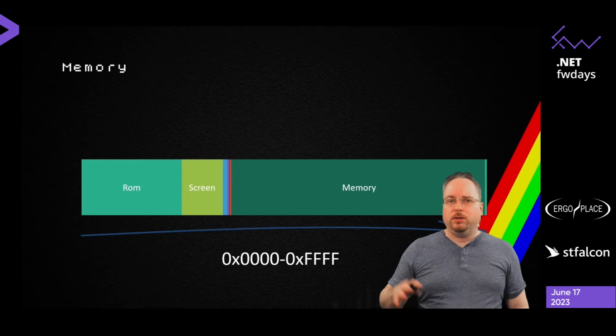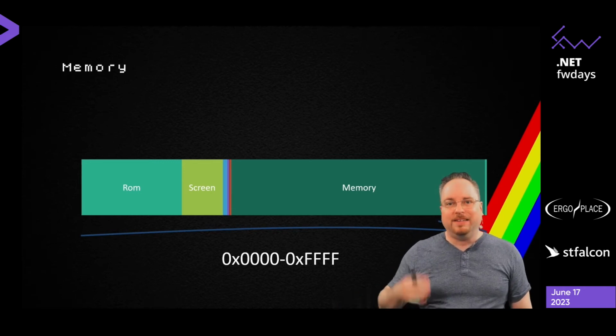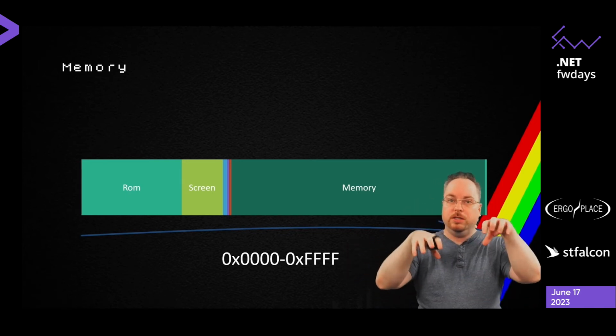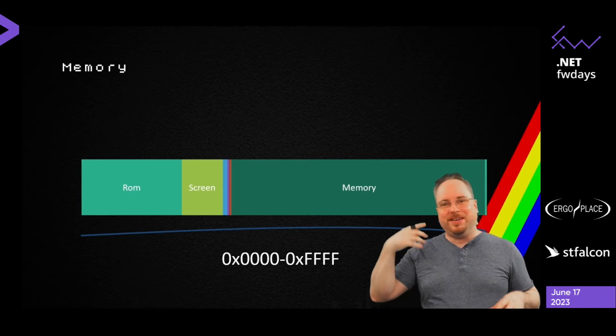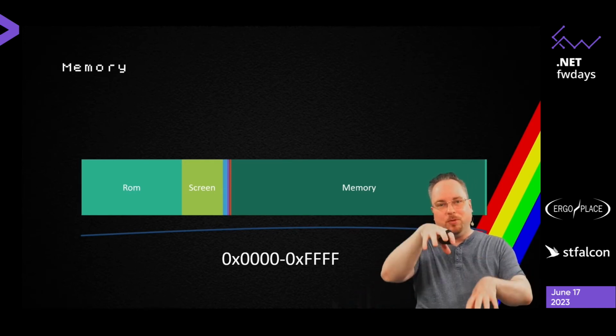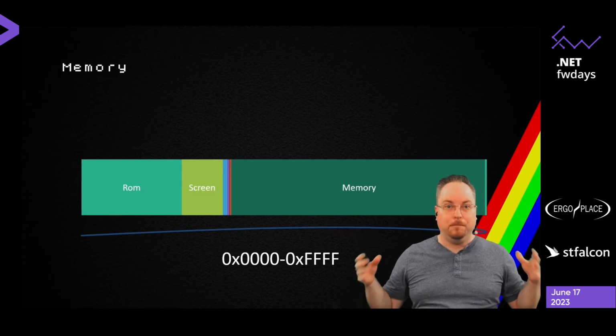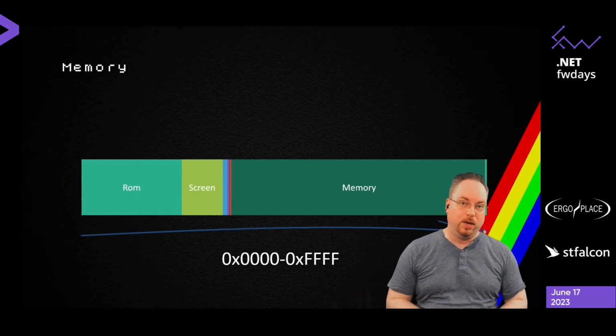The 128K Spectrum has the same amount of 16-bit registers. It can just swap out different chunks of memory, so they solved it that way. It's using memory banks to be able to address 128K, but still using only two 8-bit registers.